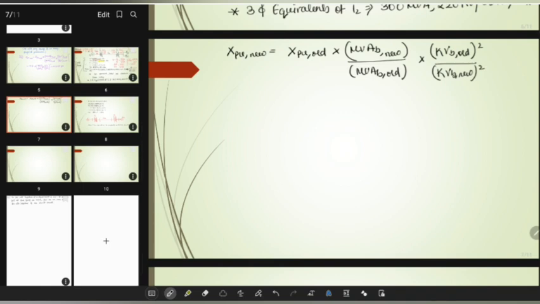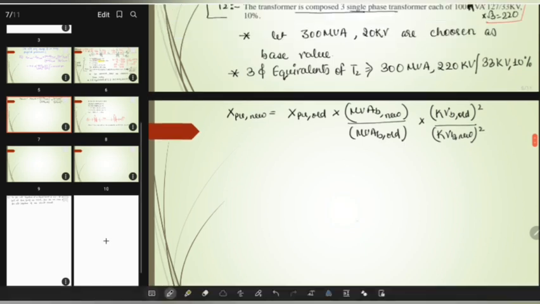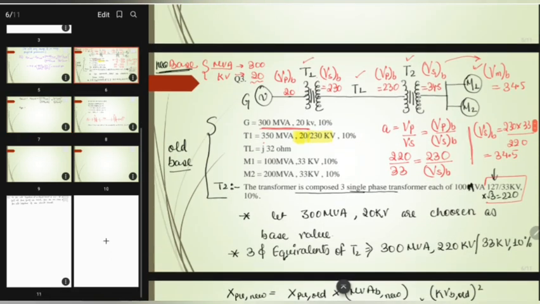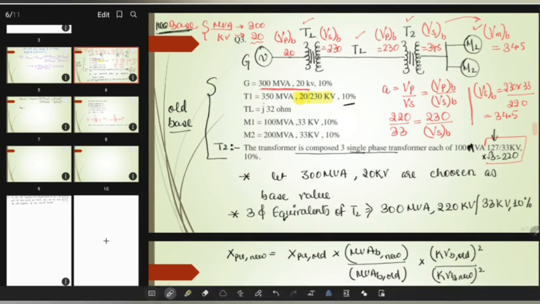Okay, now we'll find first for the generator. See, for the generator, what is the per unit value? That is 10%, so 0.1. What is the new MVA value? That is 300. What is the old MVA value? That is 300. What is the new kV value? That is 20. And what is the old kV value? That is 20. So we'll put this value here.